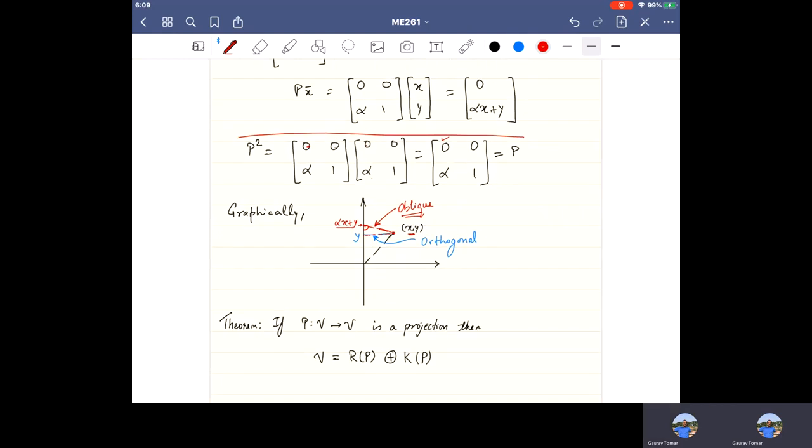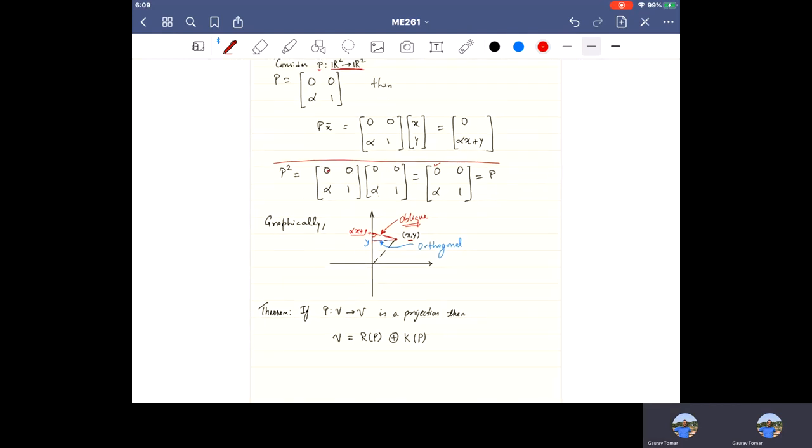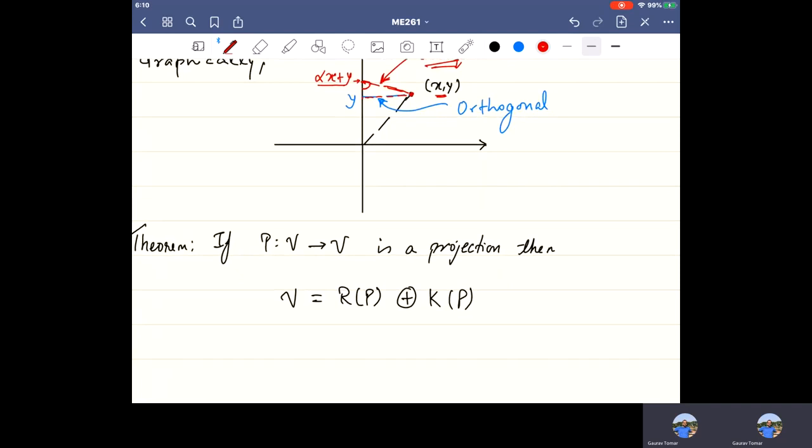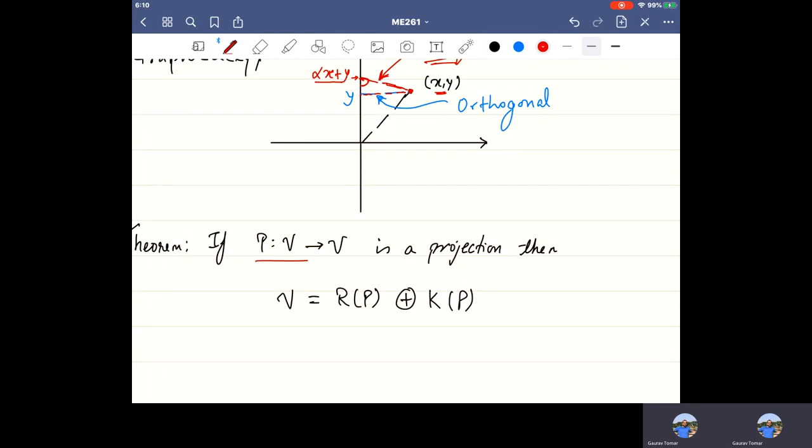Now, we'll just briefly touch upon this final part and then stop. This theorem says that if P is a projection from V to V, then V is nothing but a direct sum of the range of P and the kernel space of P. By saying that direct sum, what we mean is, if you would recall, range of P intersection kernel of P is essentially only the zero vector.